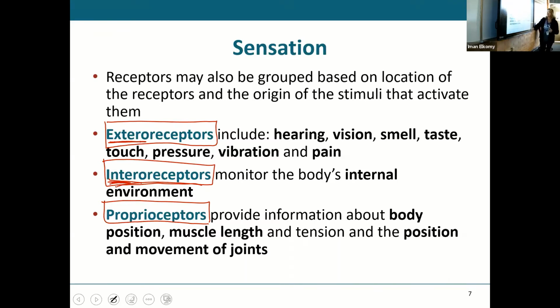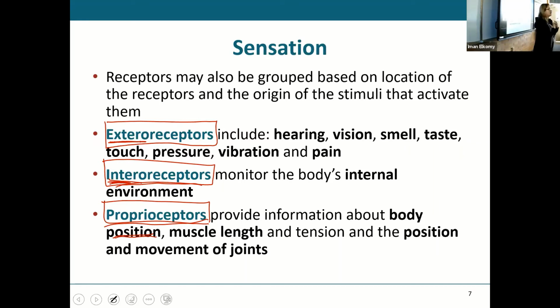Perfect. And then we have the proprioceptors. Those are in their own little category because those are the ones that tell us what our body's doing, what our body position is, are our muscles stretched, contracting, cramping, is my finger moving, is my elbow bent, is it straight?